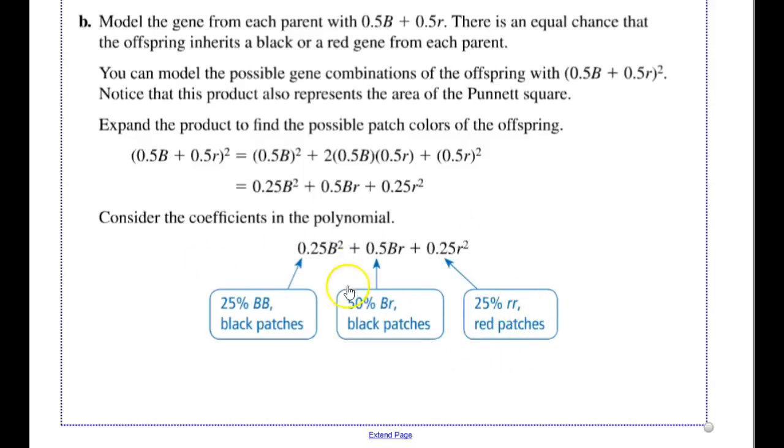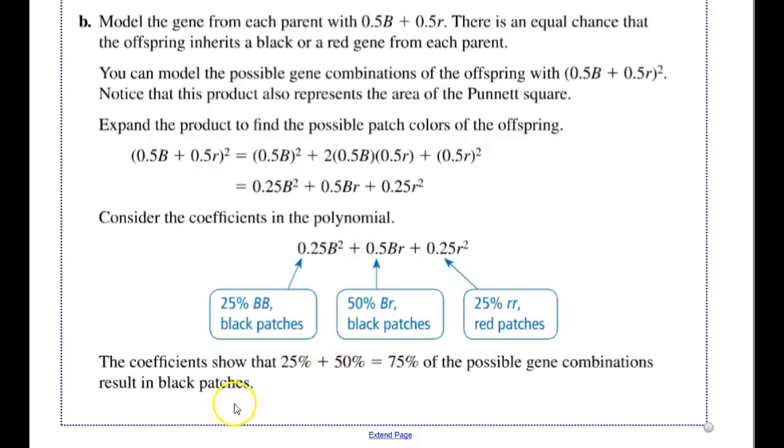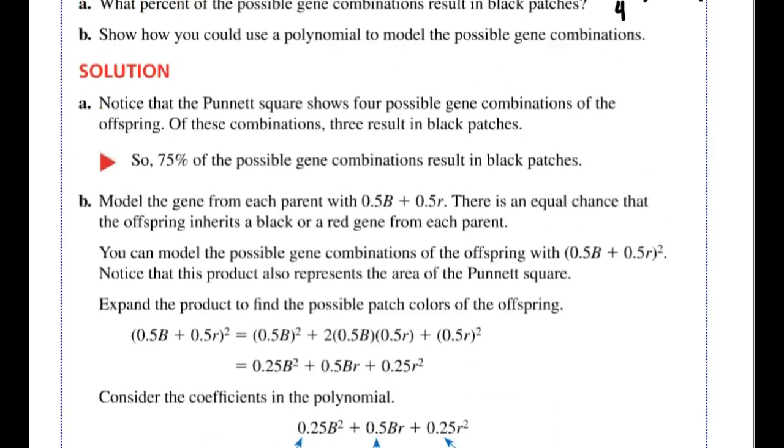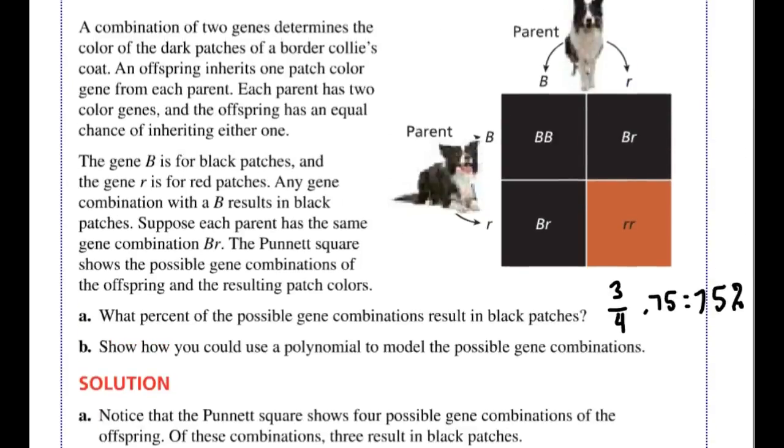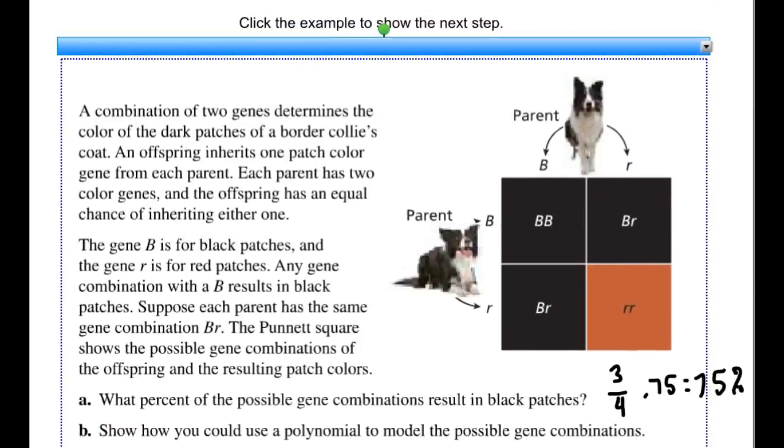So the numbers, the coefficients, can tell me quite a bit. So I also see here, right, because both of these terms have a B in them and deal with black patches on these dogs, that 75% result in black patches. And so that actually agrees with what we found up here in part A. So here we can just use some multiplying to use some real world examples.